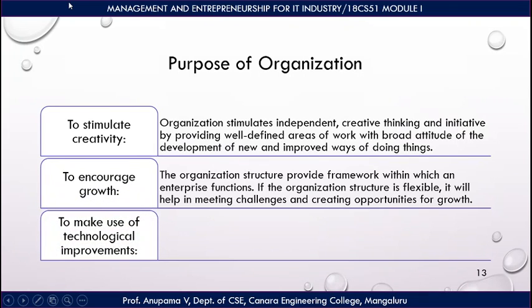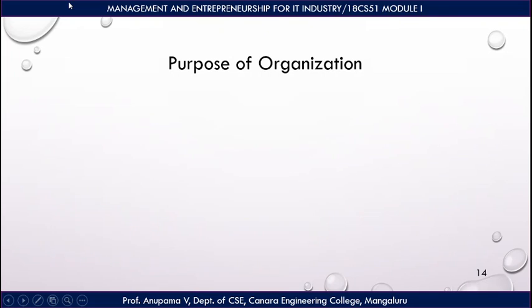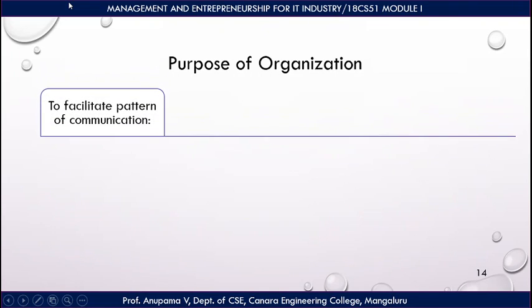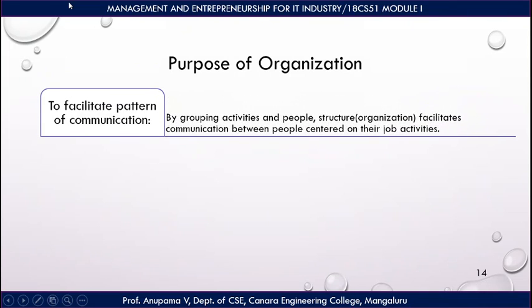The next purpose is to make use of technological improvement. A sound organization structure which is adaptable to changes can make the best possible use of the latest technology. The next purpose is to facilitate patterns of communication. By grouping activities and people, structure facilitates communication between people centered on their job activities.